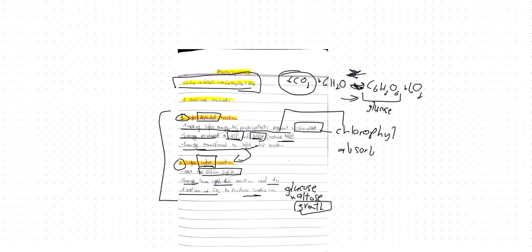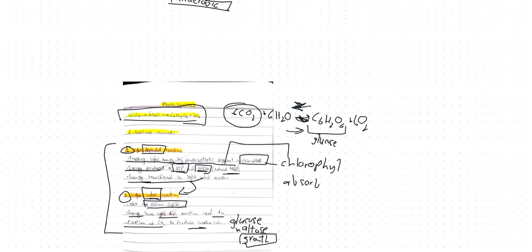In this equation, carbon dioxide and water: this water is being used in the light dependent reaction, whereas this carbon dioxide is used in the light independent reaction. So remember, light dependent is where water will be used.